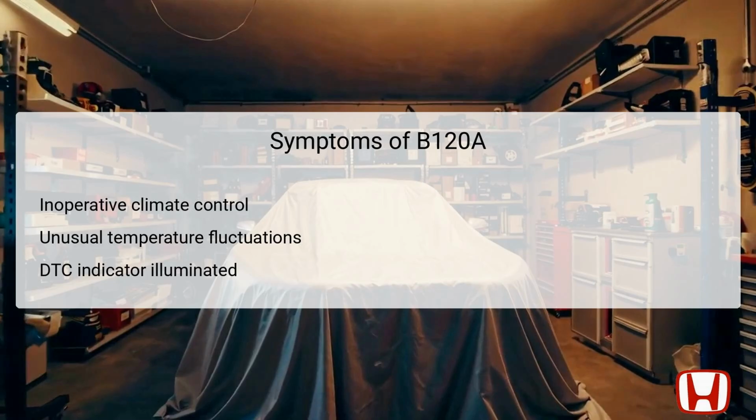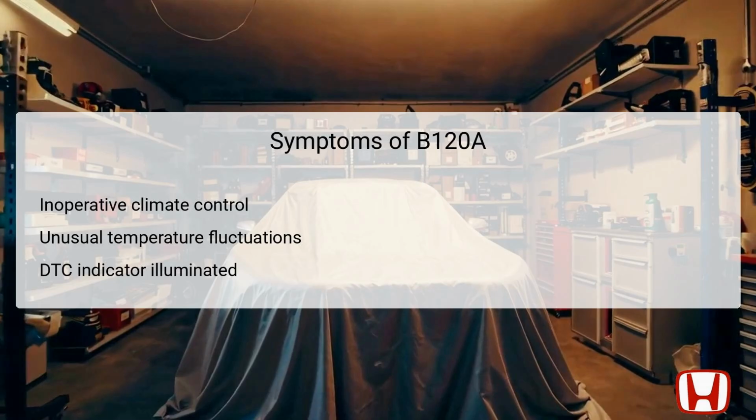When B120A is logged, several symptoms may be evident in the vehicle's operation. The most immediate symptom includes the climate control system becoming inoperative, meaning that the driver may not be able to adjust temperature settings effectively. Additionally, there may be unusual temperature fluctuations inside the vehicle as the controls fail to respond correctly to commands.